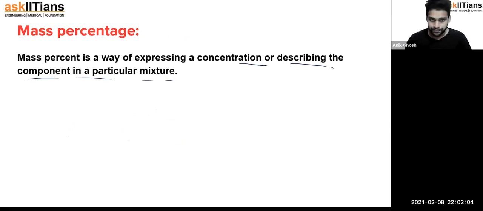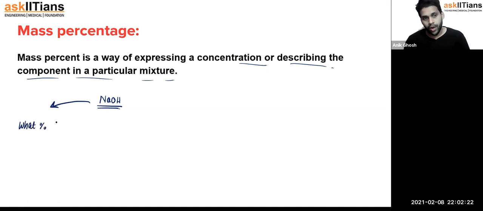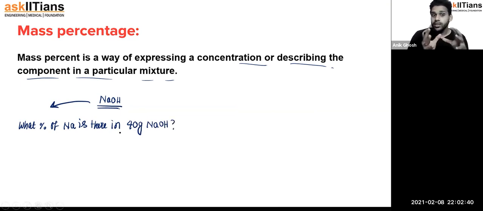Now if I ask you, you have NaOH, what percentage of sodium is there in 40 grams of NaOH? If someone asks you what percentage of a constituent of NaOH, which is sodium, is there in 40 grams of NaOH, this is called mass percentage.